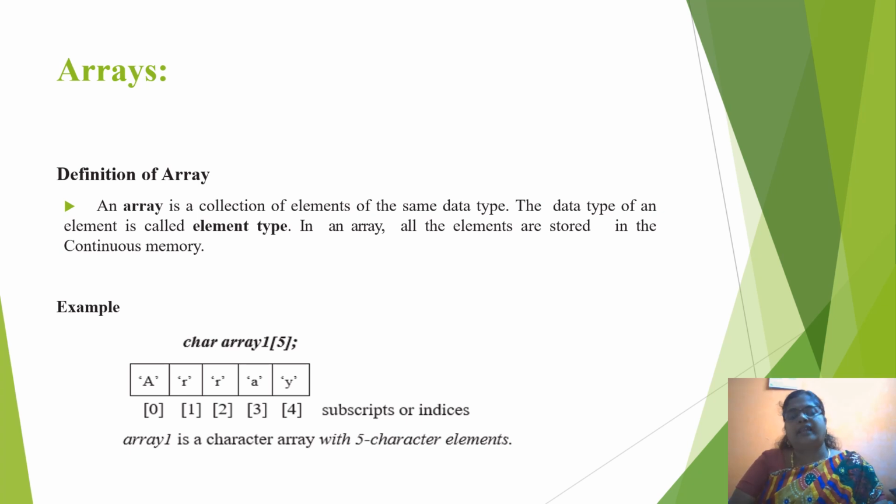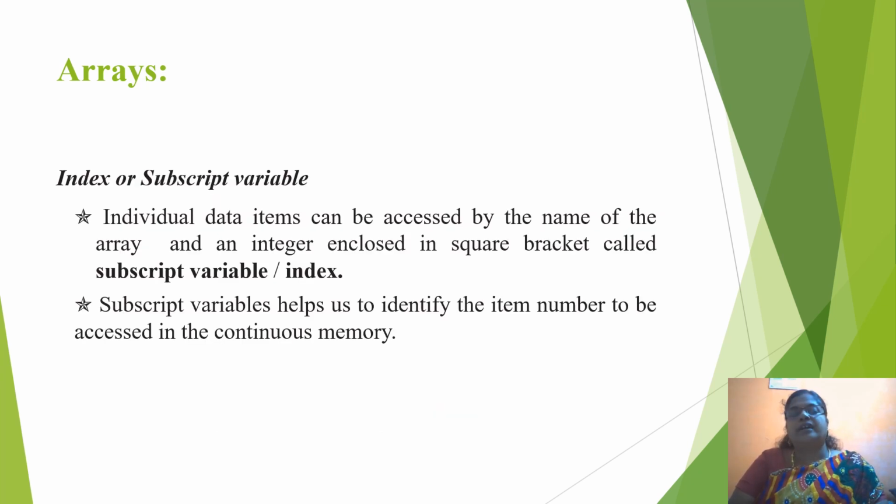An example of an array is char array1[5]. In this, char is a character data type, and array1 is the name of the array, which is a character array with 5 character elements. You should know the index or subscript variable of an array.